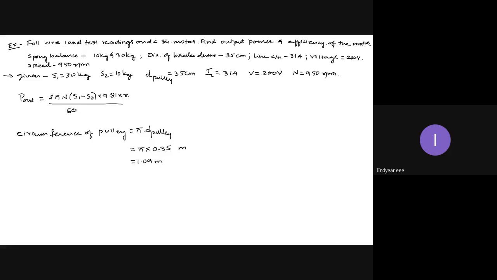This is equal to 2 pi r, since the circumference of a circle is given by 2 pi r.